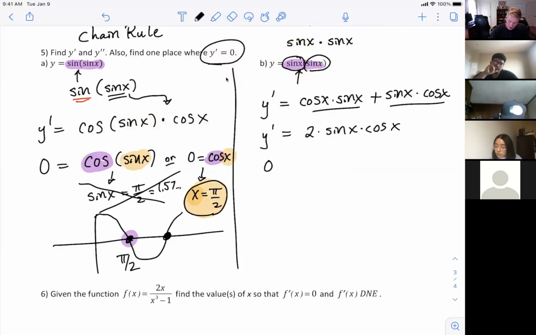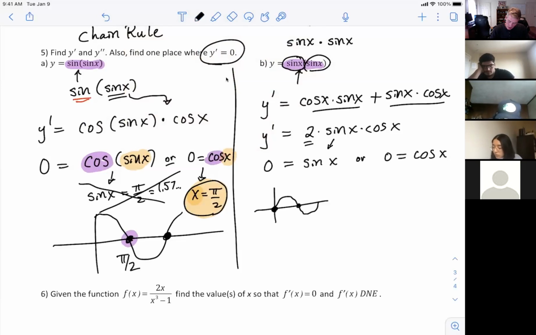Now, when you set this other one, part B, equal to 0, well, 2 is never going to equal 0, but sine does equal 0. And also cosine could equal 0. So for sine to equal 0, look at the sine graph.